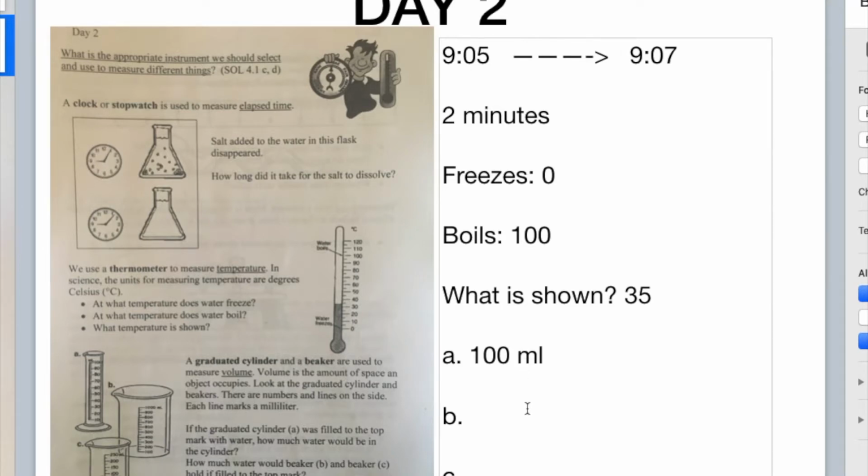If the beaker B is filled, it says at the very top, it would be 1,000 milliliters. And finally, how much water would beaker C hold if it was filled to the top mark? And if you look there, it says 250 milliliters.